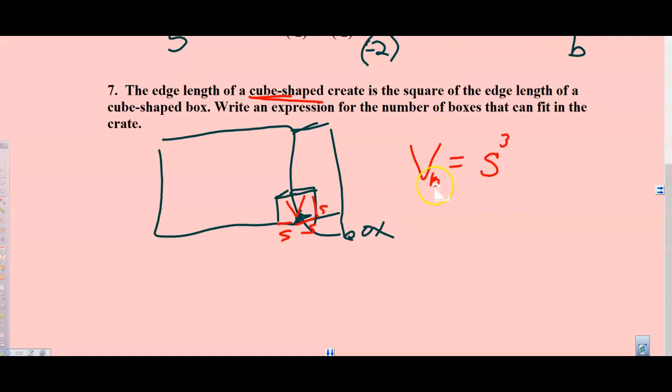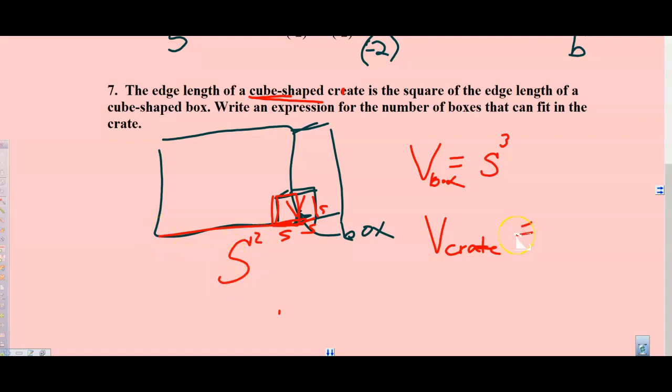Or they say box. Okay, now let's talk about the volume of the crate. Okay. So they're saying that this crate is this box squared.